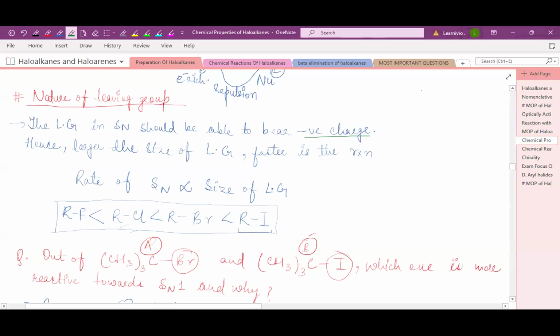And tell me, when you move from top to bottom in a group like fluorine, chlorine, bromine, iodine, we are just talking about the group 17 elements. When we move from top to bottom in a group, what will be the change in the size? The atomic size will increase or decrease?